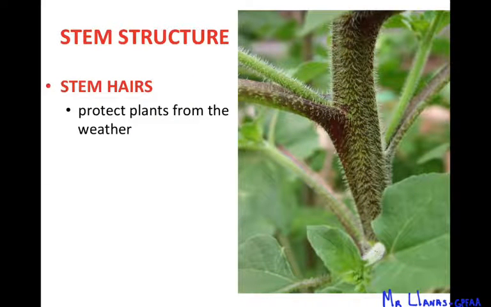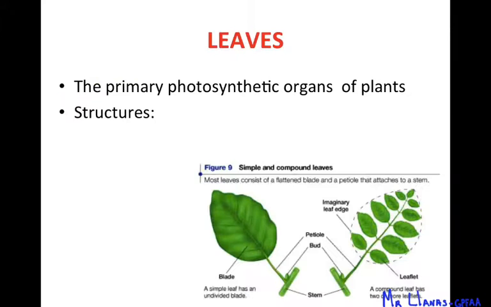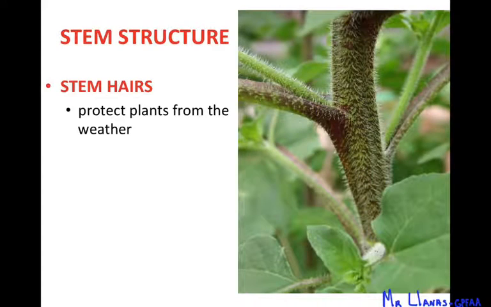Okay, now the stem also has stem hairs, just like the root hairs, so the stem has hair, but this hair is actually responsible for protecting the plant. It protects the plant from predators and herbivores, or anything that's trying to attack the plant or eat the plant. Sometimes it also releases toxins, so that the animals that are biting it or trying to eat it get sick.